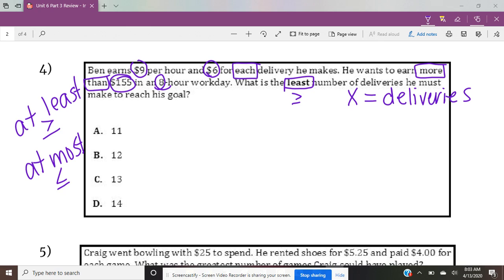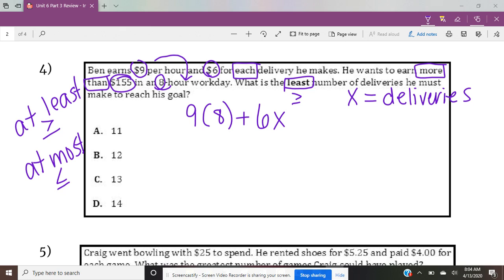So he makes $9 per hour. They are telling you that he is working 8 hours already. So we're going to do 9 times 8, and then plus $6 times X. Let me explain that.